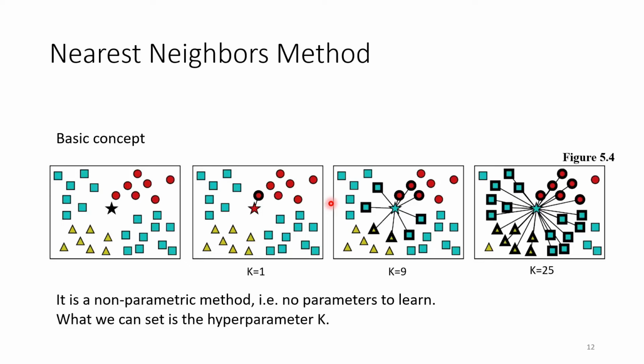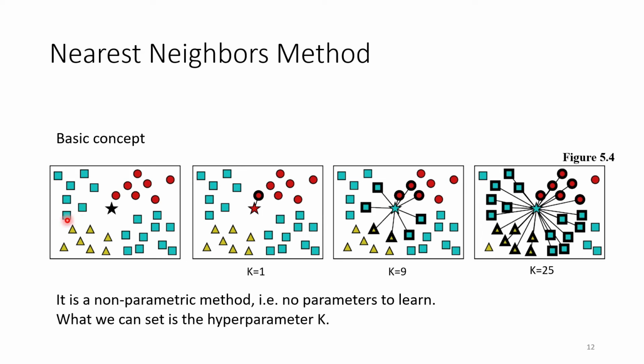Here we are going to some classical machine learning methods. For classification, the first example given in our textbook is the nearest neighbor method.